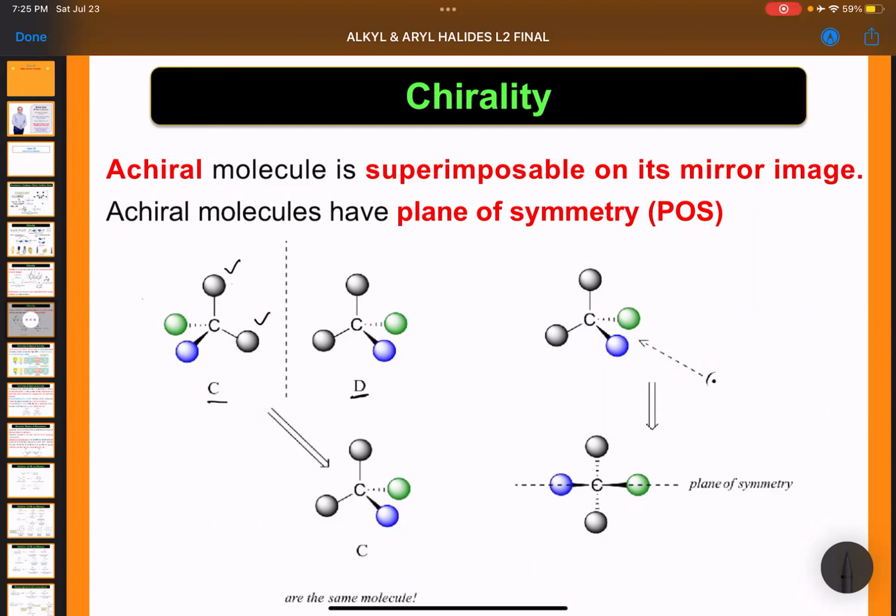They are not different from one another. Okay, just flip it like this. You can see over here. So now the black balls both come on the left hand side. One is at the top, one is on the left hand side. So I've rotated C to check whether C or D are different or not.